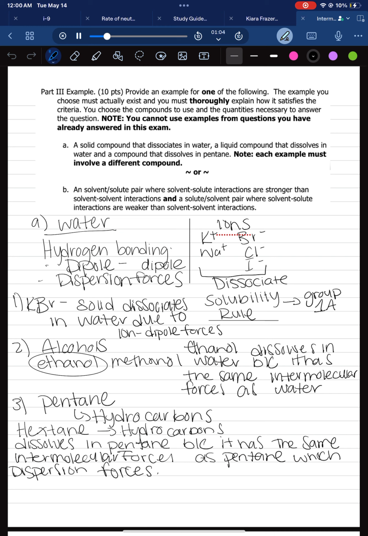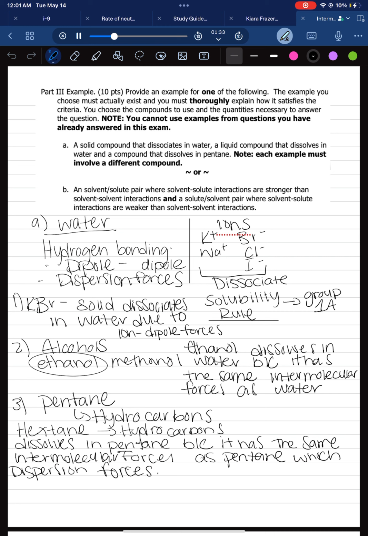So, let's say we have KBr, potassium bromide. We know that this solid fully dissociates in water due to its ion dipole forces, dissociating into K plus and Br minus. So, we can put that as an example for a solid compound that dissociates in water.